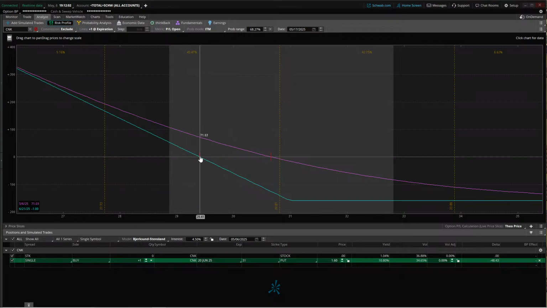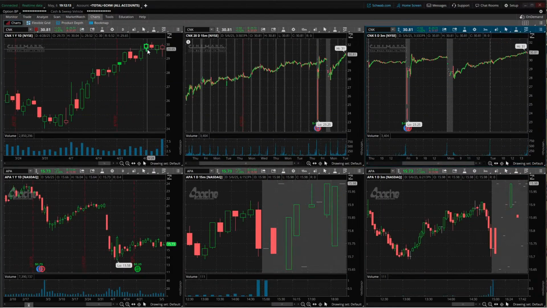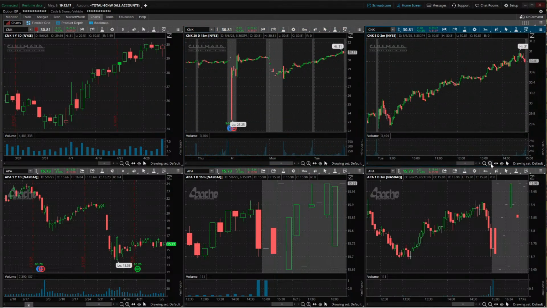Here are some break-even points, and then you have your probabilities on top. Go to the charts and look at how everything traded over the days. This is a slow, steady climb up, and we still have a slow, steady climb up here. A lot of volume right there. Crazy volume, actually.